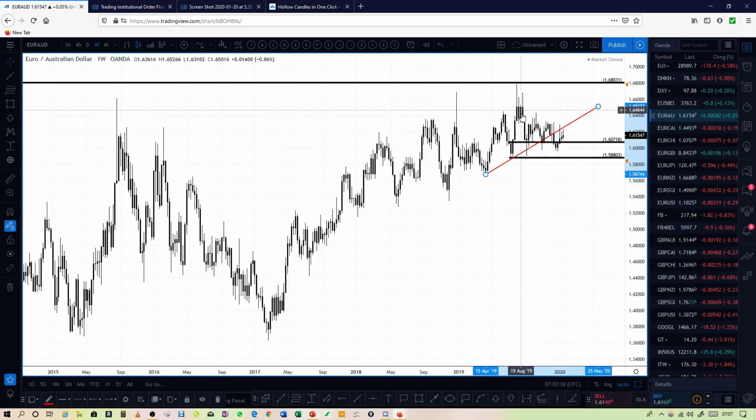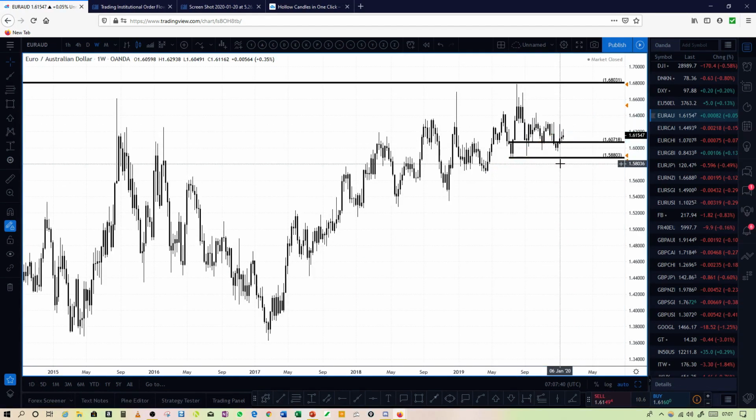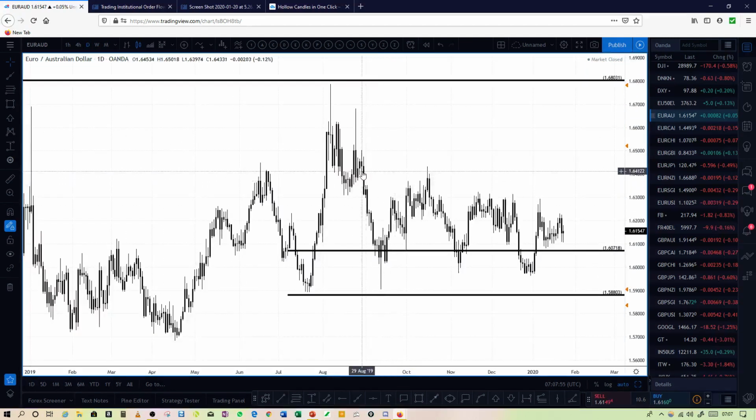So going short in there would have been something that we wouldn't have done, because we don't actually have any evidence that supply is coming in. As of the time prices hit this demand zone, you'd have been well within your rights to consider going long in this market. It so happens that supply, if we go to the daily level, supply did come in.